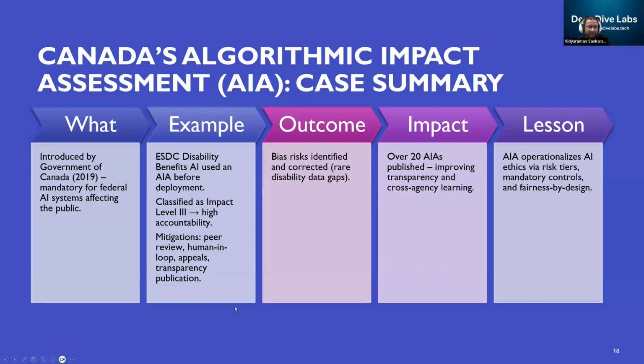So in this particular use case, they had tried to understand the disability benefits AI used before deployment. The idea here is that this was classified as level 3 impact, which means high accountability. As is useful most of the time, the mitigations are both peer review and human in the loop. Human in the loop particularly is being used as a mitigation for most AI systems, very specifically for the ones that are LLM based, but really depending on the kind of use case that you have.